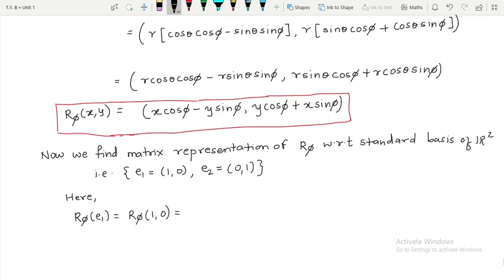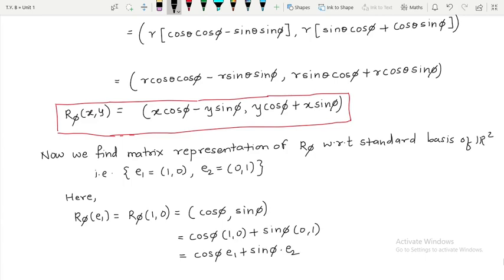Put x = 1 and y = 0, so you will get (cos φ, sin φ), which can be written as cos φ (1, 0) plus sin φ (0, 1), which is further equal to cos φ E1 plus sin φ E2. Now I will find R_φ of E2.